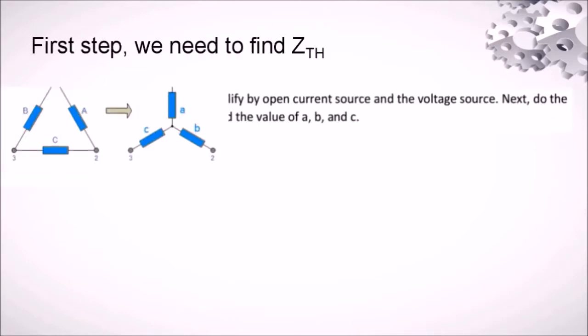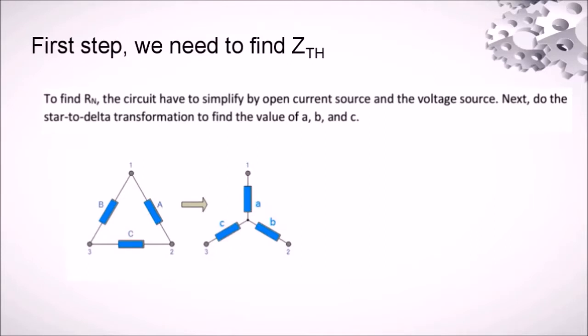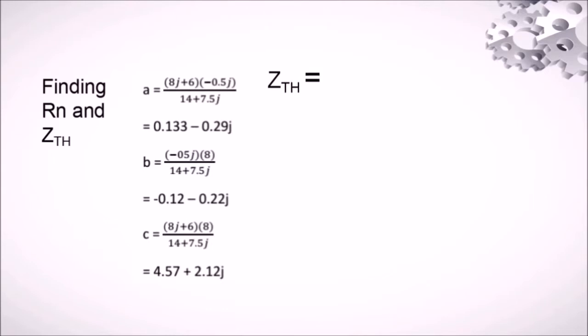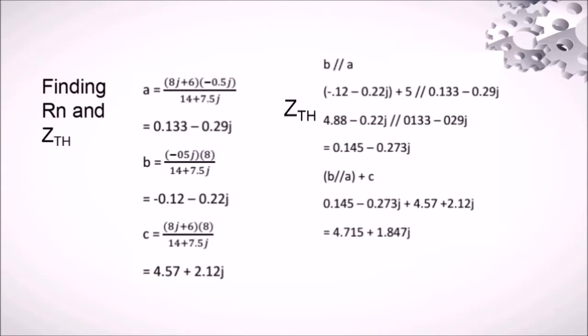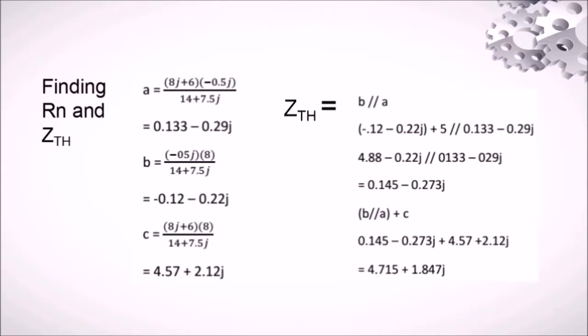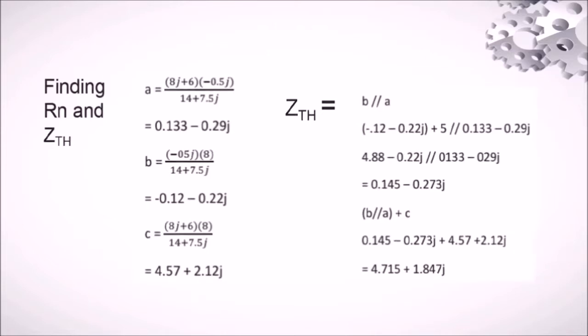The first step is we need to find the ZTH using the star delta transformation, and thus we have the values of A, B, and C. From the values of A, B, and C, we can find the Rn, and from that we can find the ZTH using B parallel with A plus C.